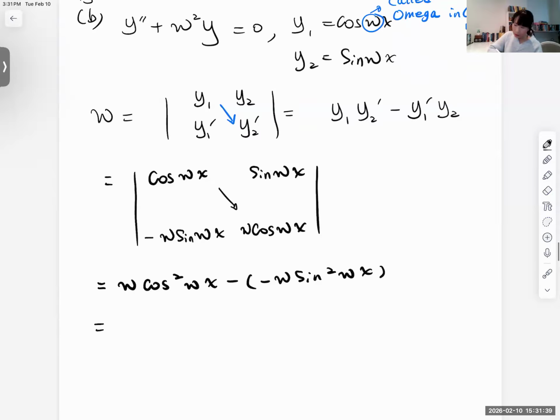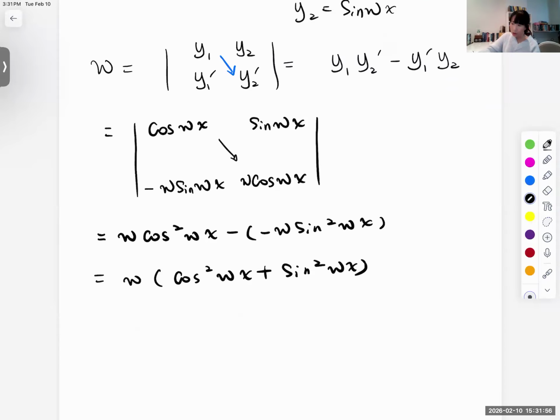Okay, there will be omega, they have it in common, right? So omega is common. So cosine square omega x plus sine square omega x. Okay, so we notice that this is 1. So we get omega, yeah?